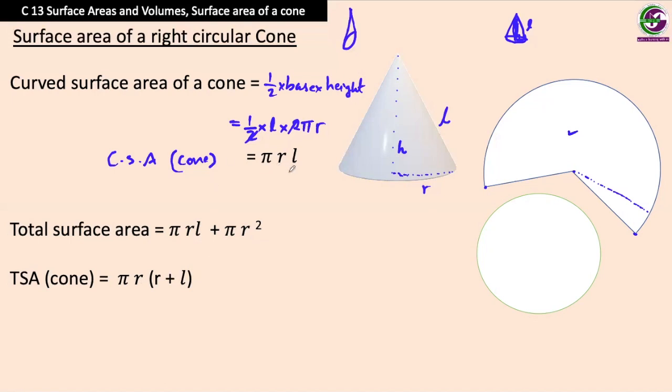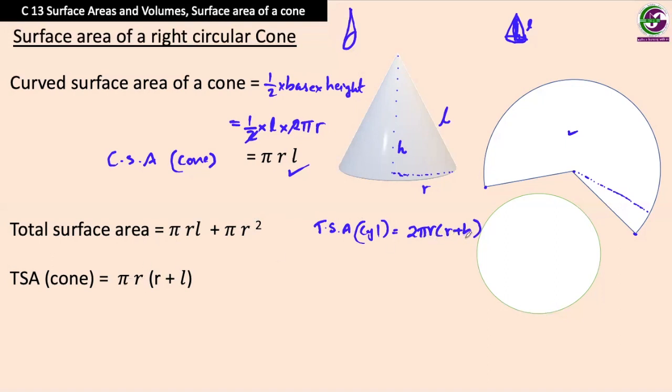And curved surface area of a cone is pi r L, which can be compared with total surface area and curved surface area of a cylinder. Do you remember? Just for a quick review only, total surface area of a cylinder is 2 pi r times (r plus h). So here we can see pi r is there.